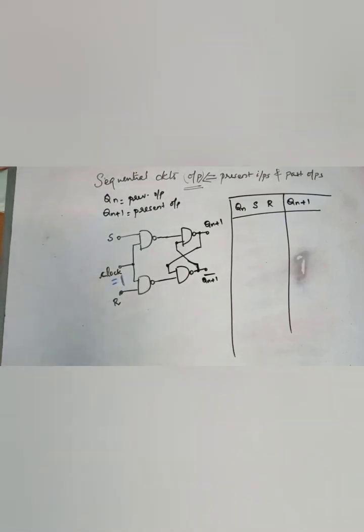So that is Qn and Qn plus 1. The basic difference between them is, Qn is the output at a particular time, and Qn plus 1 is obtained when you apply the next clock.